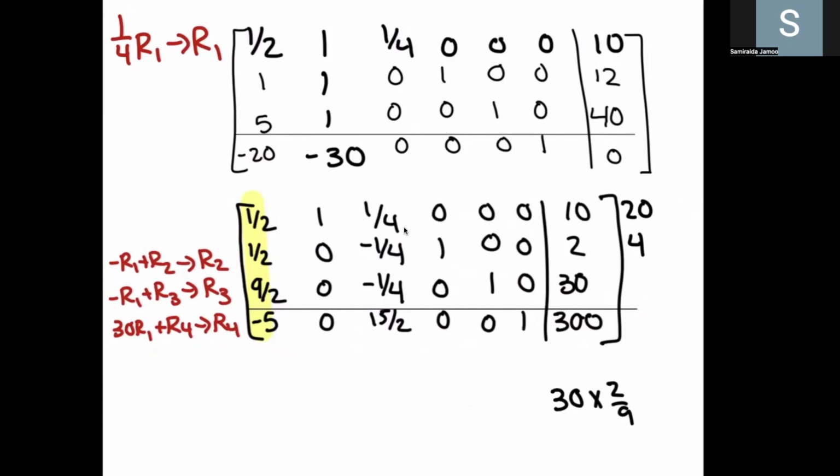Which is about 6. It's 6 and 2/3. It's 6.6 repeating. Okay, smallest ratio is this 4. Pivot element right here. So let's pivot that.